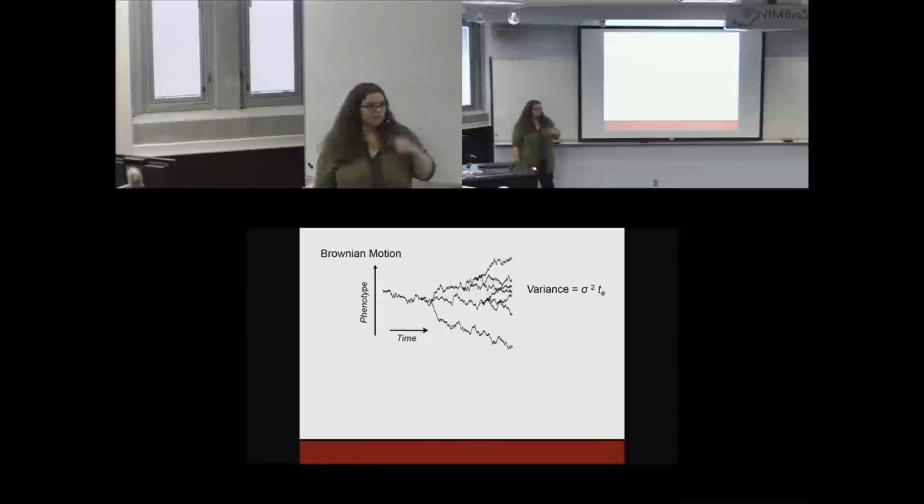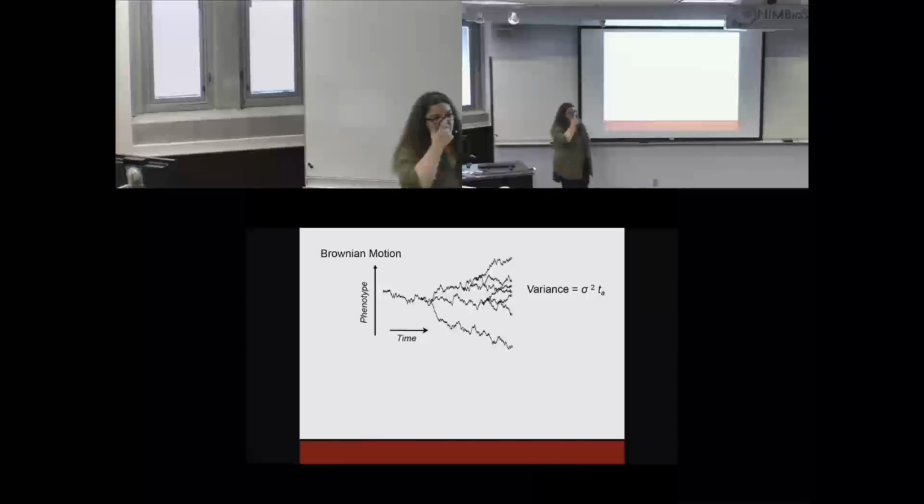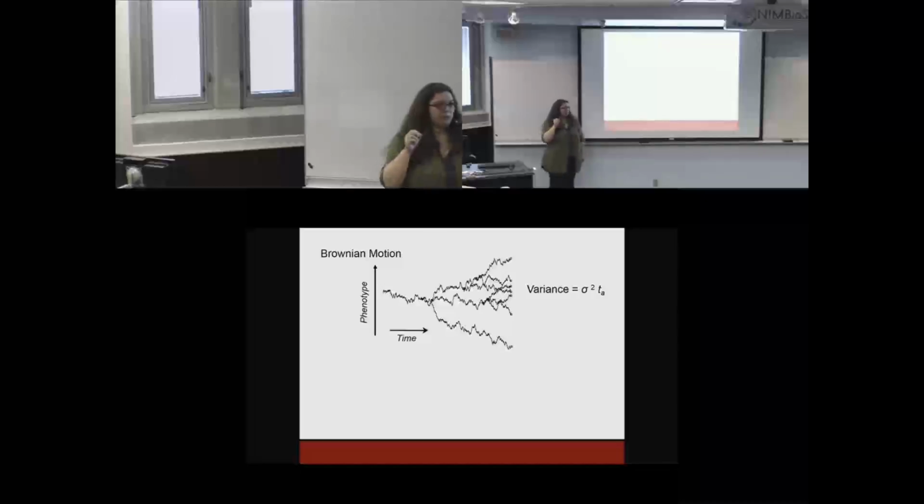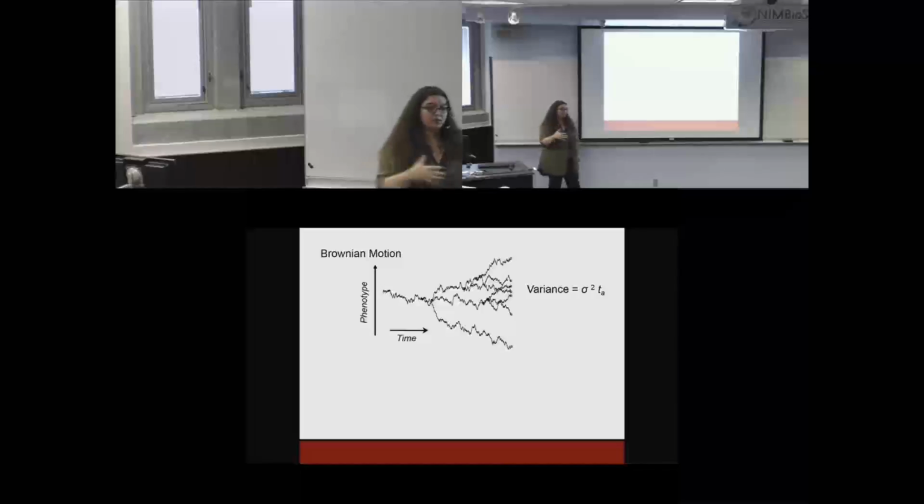That what happens in the past doesn't affect what happens afterwards? Yeah, so you're right. What happens in the past doesn't necessarily affect what comes afterwards. But what's important here in the Brownian motion thing is that things are following the tree.